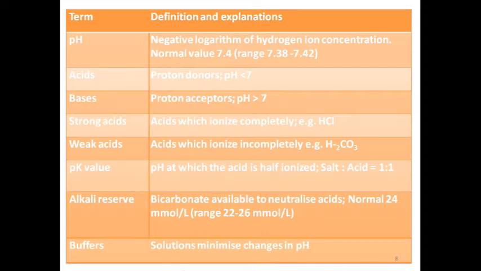Bases are proton acceptors, and the pH of bases is more than 7. Strong acids are acids that ionize completely and quickly. Weak acids are acids which ionize incompletely. The pK value is the pH at which an acid is half ionized.